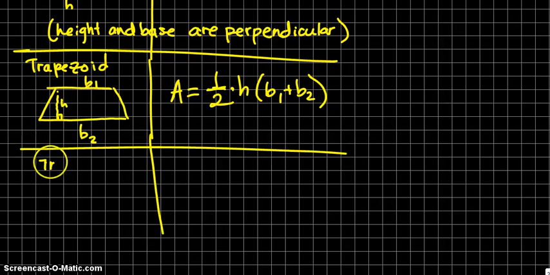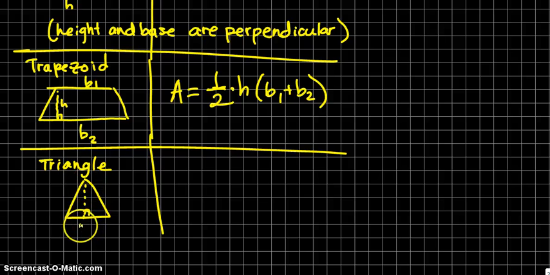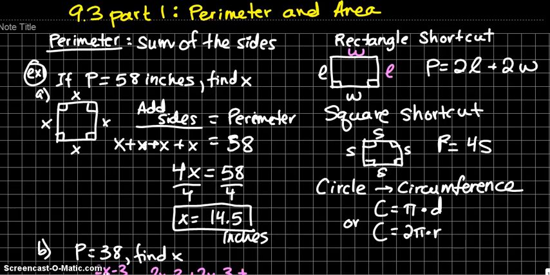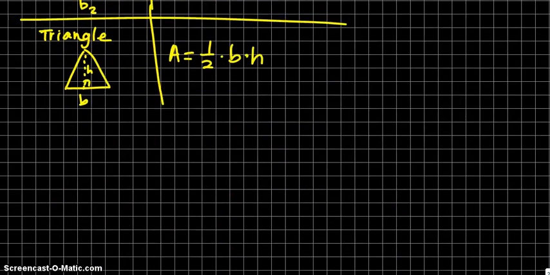Next, triangle. The triangle formula, I bet you guys know this one, 1/2 times base times height. Sweet. And last but not least, the circle formula.